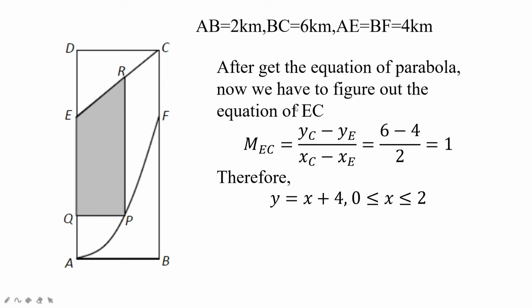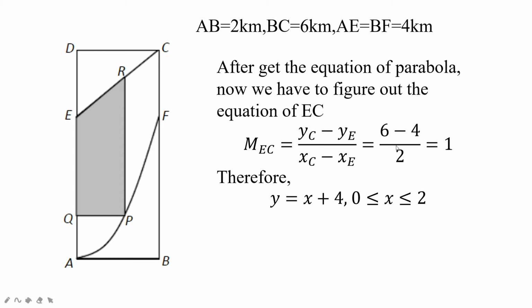After deriving the equation of the parabola, we need to look at the straight line. If we want to form the equation of a straight line, we have to know its gradient. So the gradient of straight line EC, which I denote by m_EC, equals (yC minus yE) divided by (xC minus xE), where yC equals BC and yE equals BF, and xC equals AB and xE equals 0.